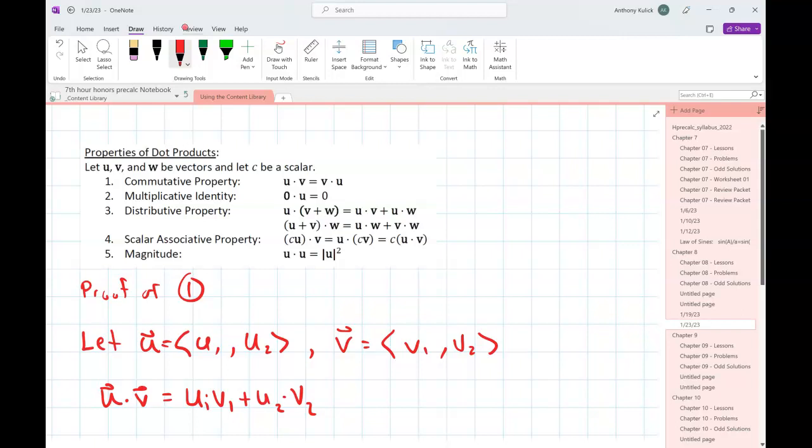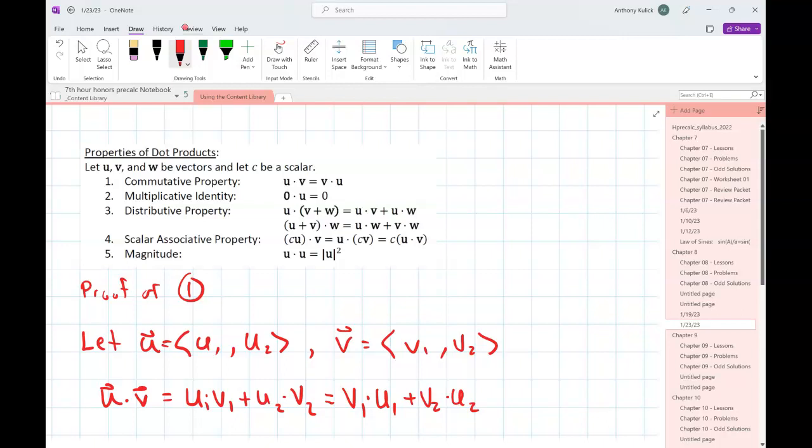Now remember, u1 times v1 are just multiplication of real numbers, right? And I know that multiplication of real numbers is commutative, so I could rewrite that as v1 times u1, and likewise rewrite the second product as v2 times u2. Everybody's good with that? No big deal. They're just real numbers. I can multiply them any order I want.